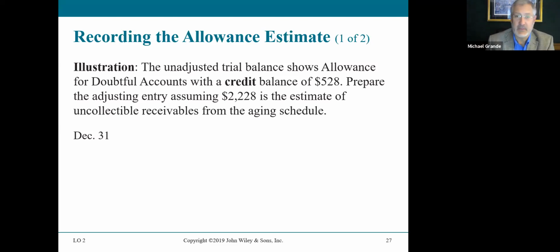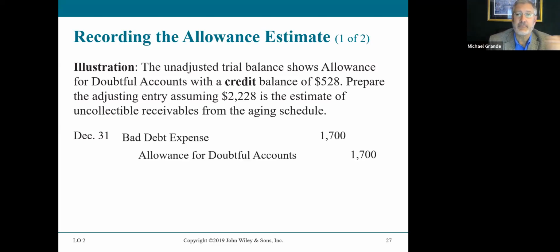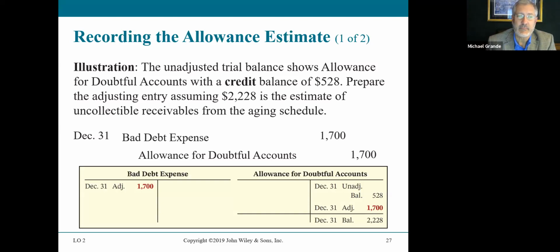It's only $528. Debit the bad debt expense for $1,700. Credit the allowance account for $1,700. You can see the two T accounts. On the right-hand side, the allowance for doubtful accounts has a credit balance now of $2,228. That's what the balance should be.